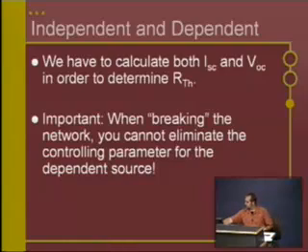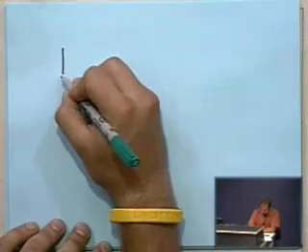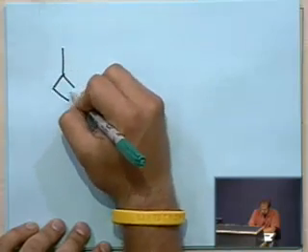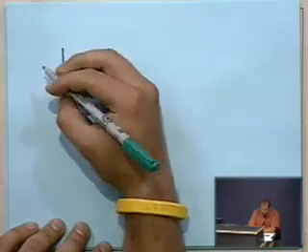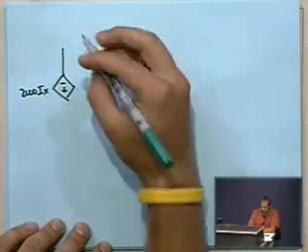So let's look at least one example here. I've got 3 total problems to look at for this, and we'll do at least 2 of them. The first one has a dependent voltage source on the far left-hand side here with a value of 2,000 times some current Ix.